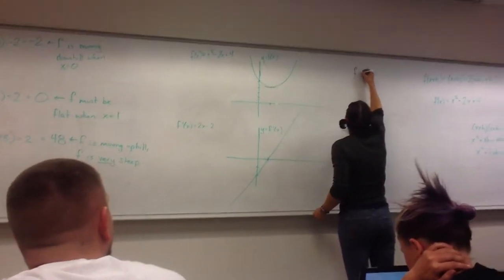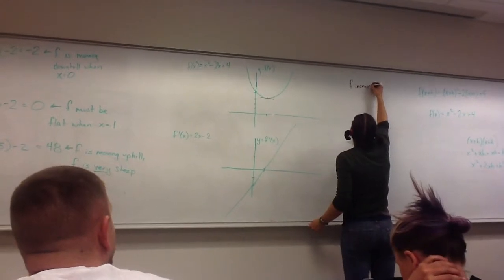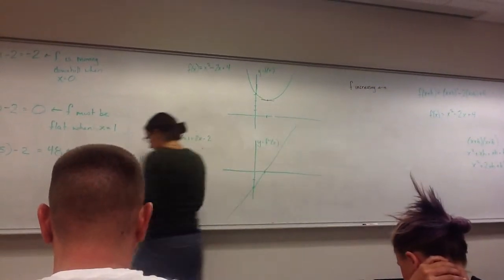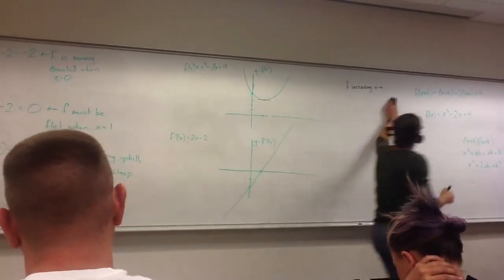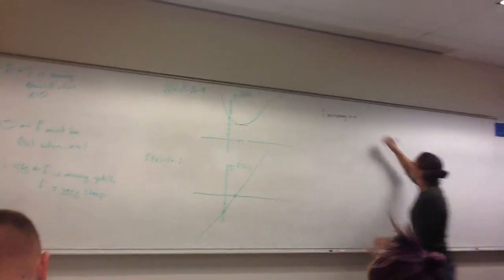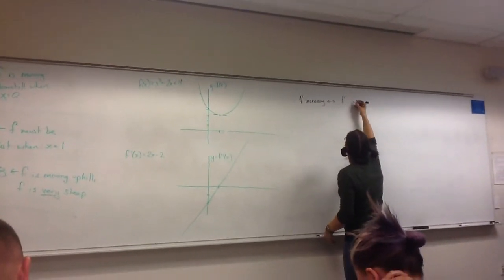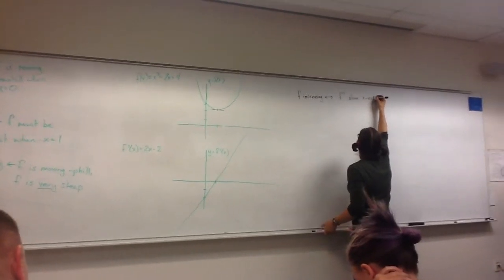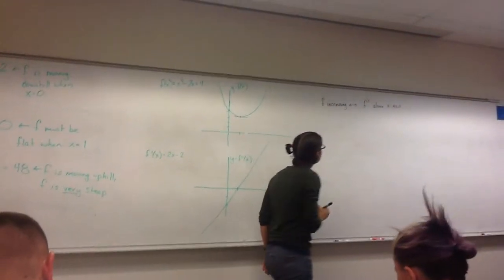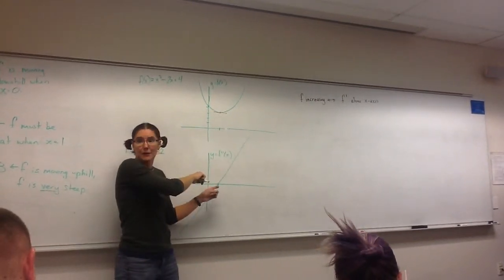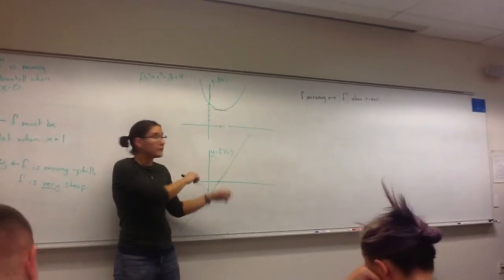So, f increasing corresponds to f prime being above the x-axis. Because f has a positive slope, so our graph describing slope had better be positive.